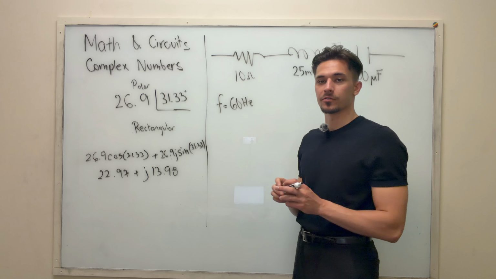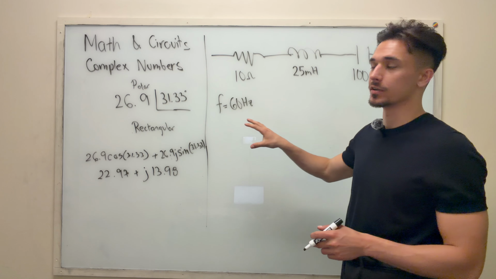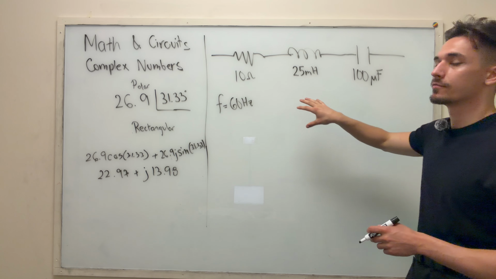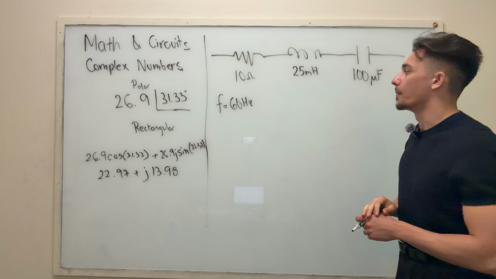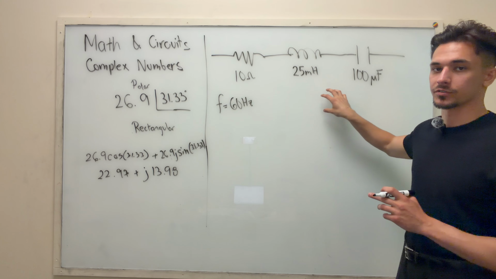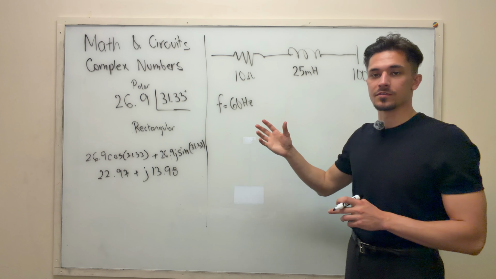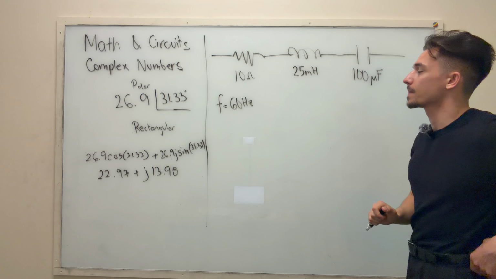So we're going to get to the final thing for this video, which is taking everything we just learned and getting that involved with a circuits problem. So if I have a resistor, an inductor, and a capacitor in series, this will involve complex numbers, especially since we have an inductor and capacitor involved. And typically for these kinds of problems, you would be given the frequency. So in this case, I kept it easy, which would be 60 hertz.